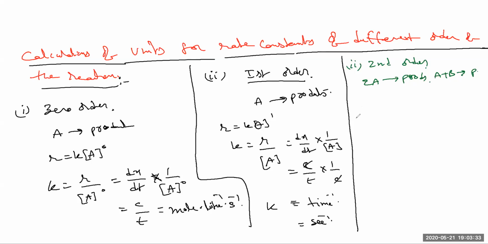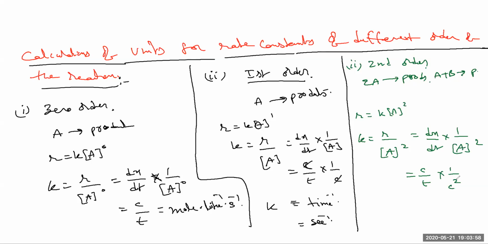Therefore, rate is equal to K into A power 2, right? And therefore, K is equal to R by A square, that is dx by dt into 1 by A square, and that is C by T into 1 by C square.